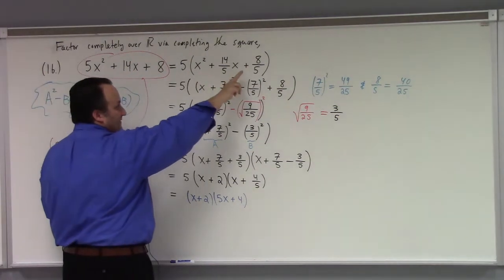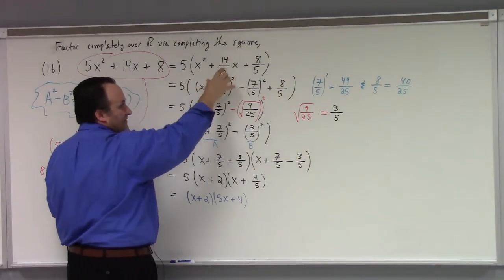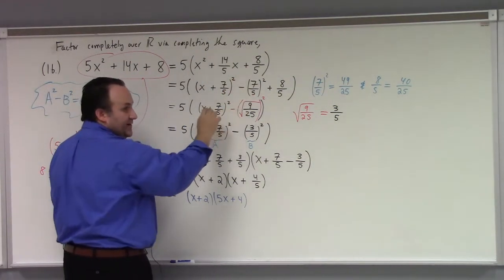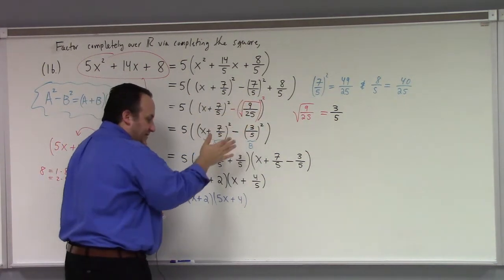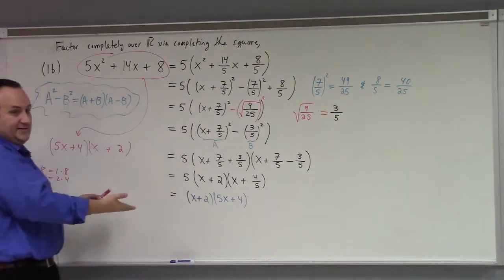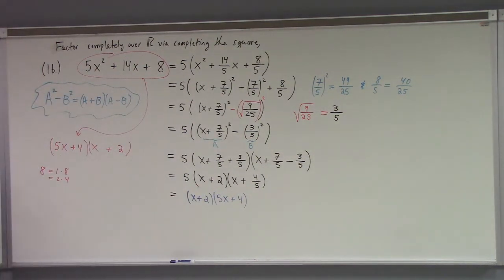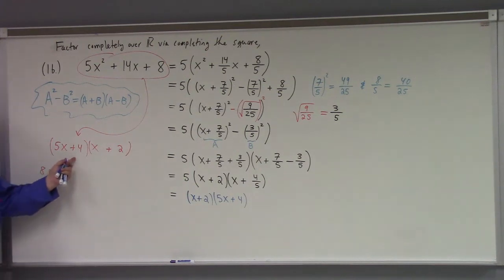You factor out the x squared, you take half of this, you square it, you subtract that number squared, you do the arithmetic to clean it up, you do the difference of squares. It's just an algorithm. Once you understand it, you can factor literally everything like this. Is that how you should factor everything? Certainly not, right? This is way, way easier if you see it. But what if you don't?